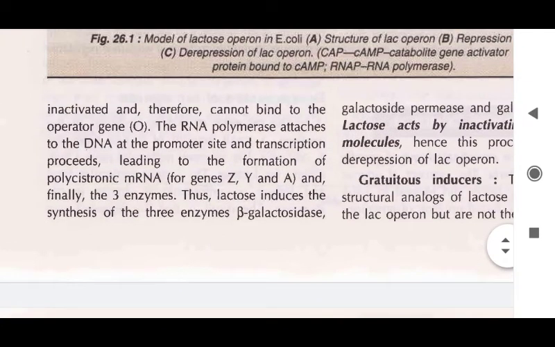So normally lactose is acting here as an inducer. It is inactivating the repressor molecules and causes the synthesis of the lactose operon.